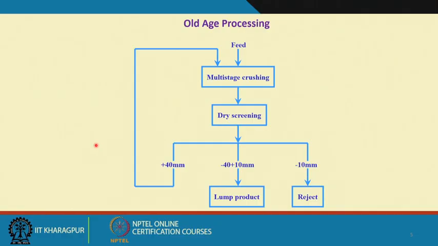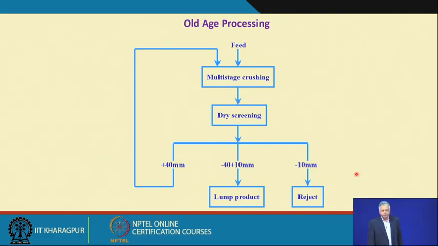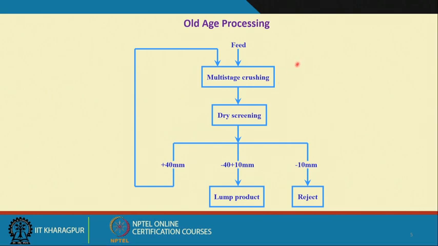how these separation flow sheets are getting complicated as time passes by, because the iron ores which we are mining today are much different from what we used to mine before. This is called the old age processing.